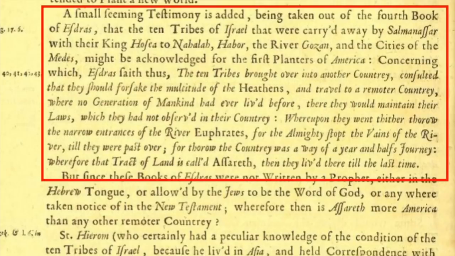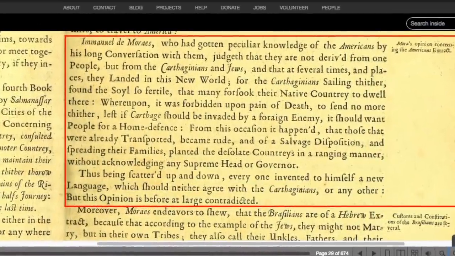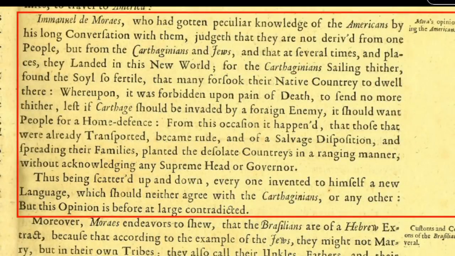Now let's read a third example of an origin of these Israelite Indians, and it reads: Emmanuel de Moraes, who had gotten peculiar knowledge of the Americans by his long conversation with them, judges that they are not derived from one people, but from the Carthaginians and Jews, and that at several times they landed in this new world.